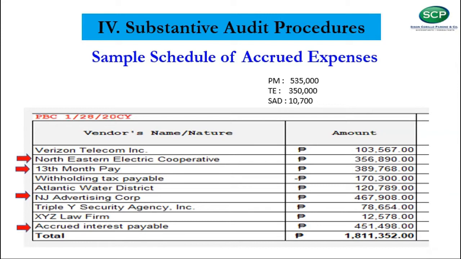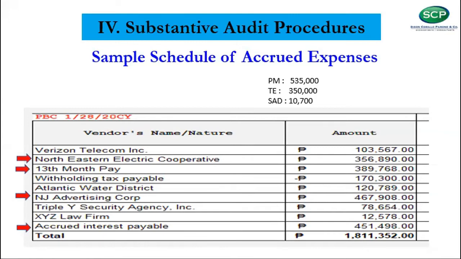The selected items for testing for accounts payable and accrued expenses amounting to 1,744,128 pesos and 1,666,064 pesos respectively accounted for 89% and 92% of their respective population already. So pag tinotal yung apat for accounts payable and yung apat for accrued expenses, they comprise majority of the population of the outstanding balance already. 89% for accounts payable and 92% for accrued expenses.